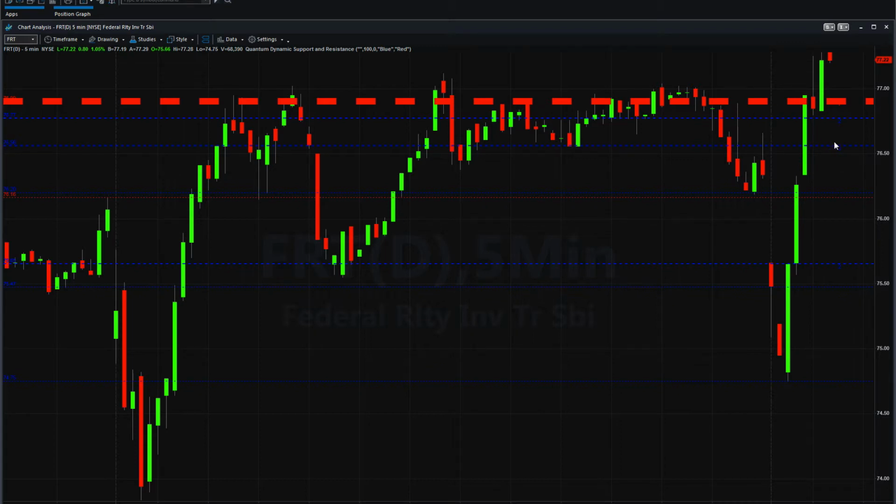Now we're running in real time, and we've actually finally managed to break through that region, and on this last candle here, we've actually held above it. So this level here, which is extremely strong, was acting as resistance, of course, and is now acting as support for the move higher.